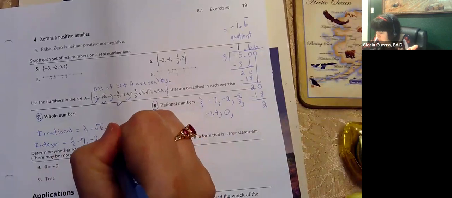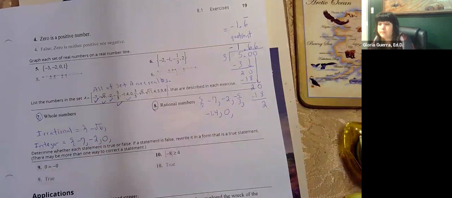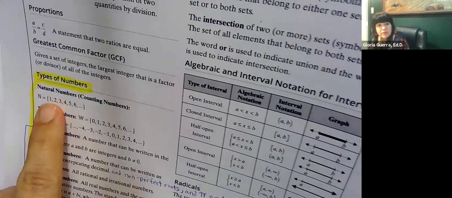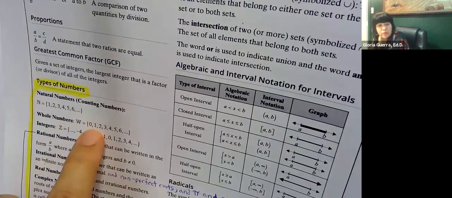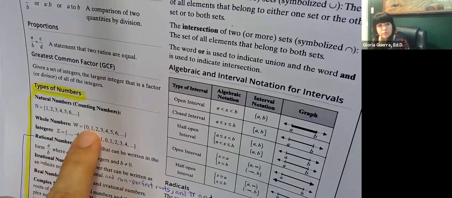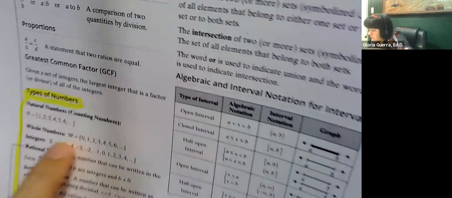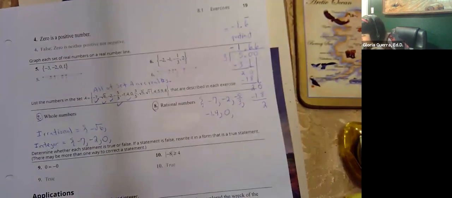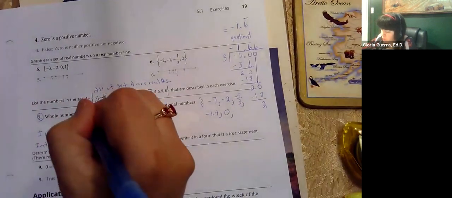So put that right here. And then I think we can continue. Besides an integer, 0 is not a natural number, but it is, see, it is a whole number. So you want that W in there. It's a whole number. So come over here.